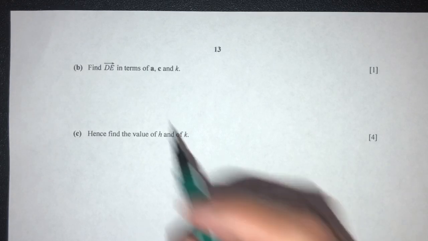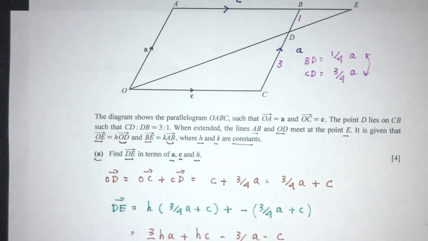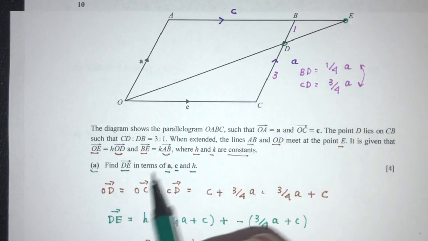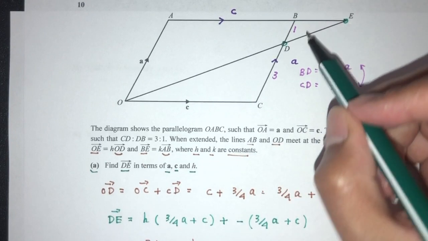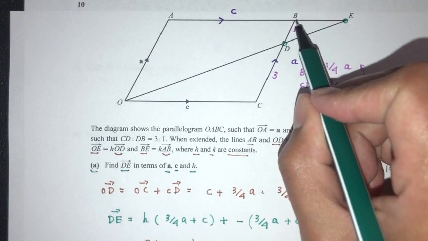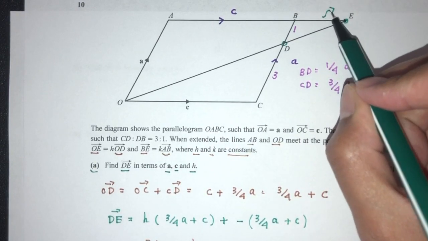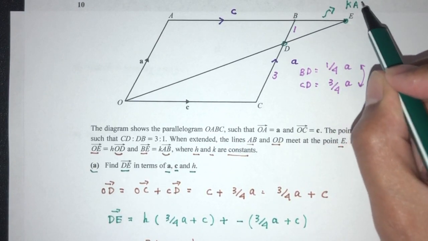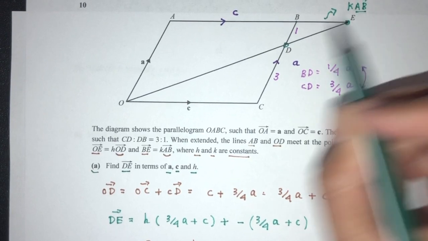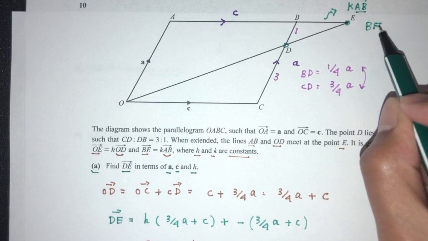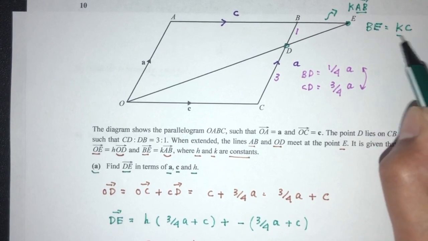Let's move on. Here we have to find DE in terms of A, C, and K. So here we have K. We can see BE is K times AB. So pretty easy, K times AB. What is AB? AB is given to you by C. So we know that BE has to be KC.